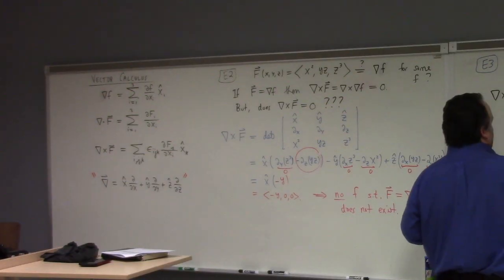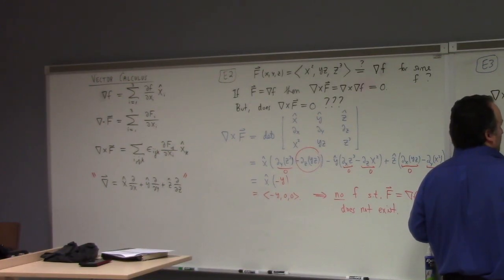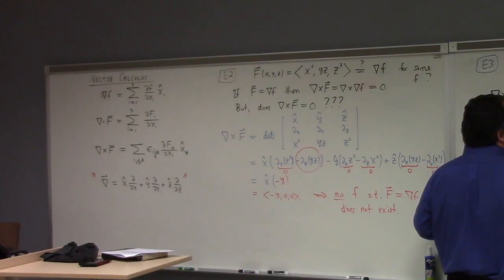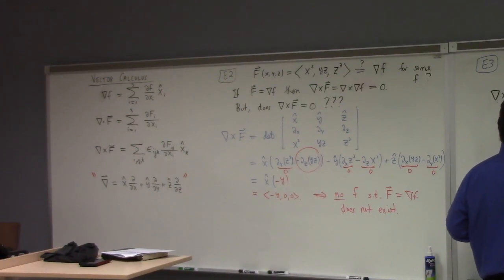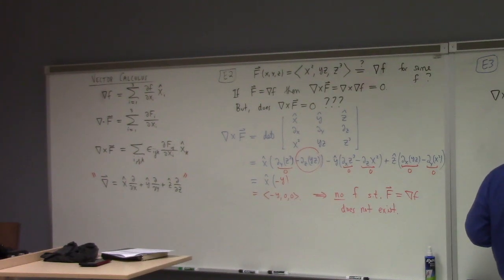I have mixed feelings, but so we have x hat times, I'm going to use the other notation if you guys don't mind, R sub y minus Q sub z, minus y hat times R sub x minus P sub z, plus z hat, Q sub x minus P sub y.